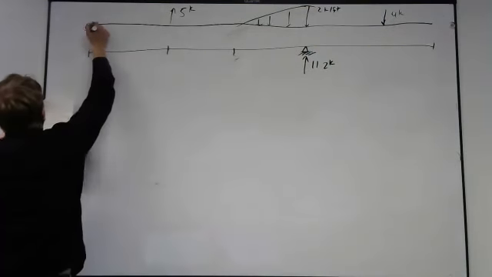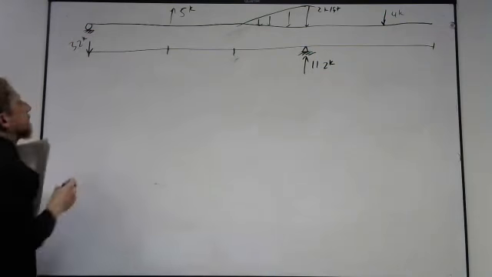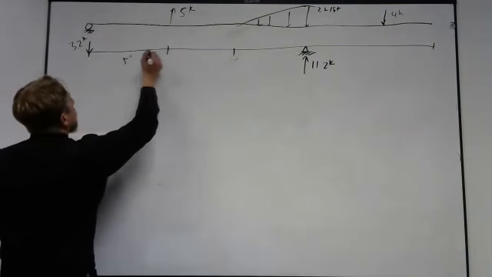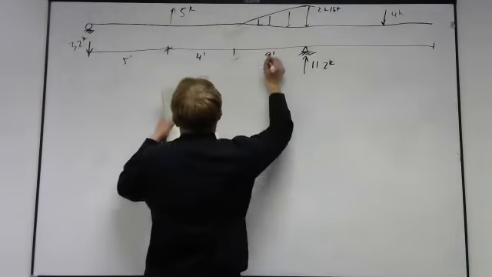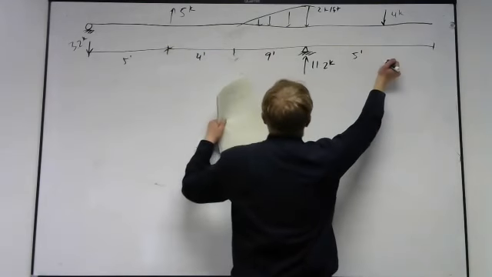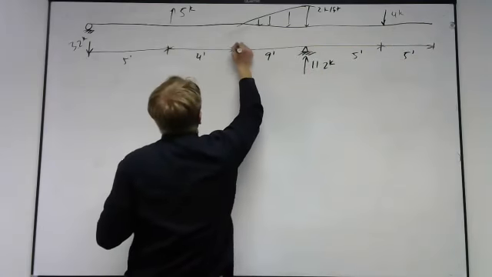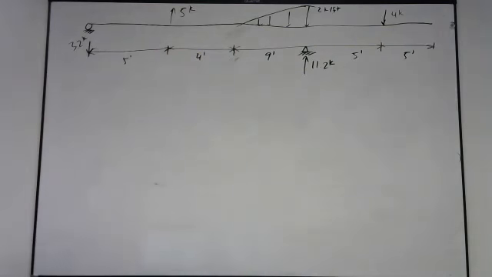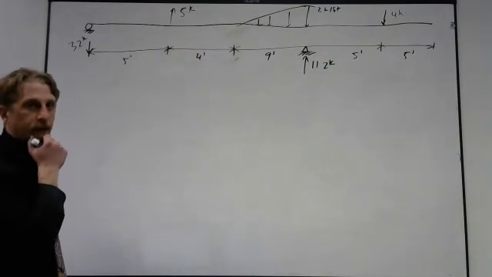Here's another reaction, 3.2 kips going down. Okay, dimensions: 5 feet, 4 feet, 9 feet, 5 feet, 5 feet. Sorry, this is so complicated. Usually I give handouts in a class day. And you can pause it if you want to copy that.